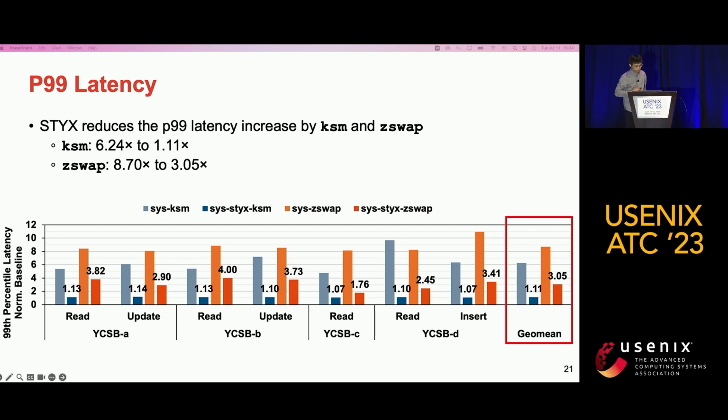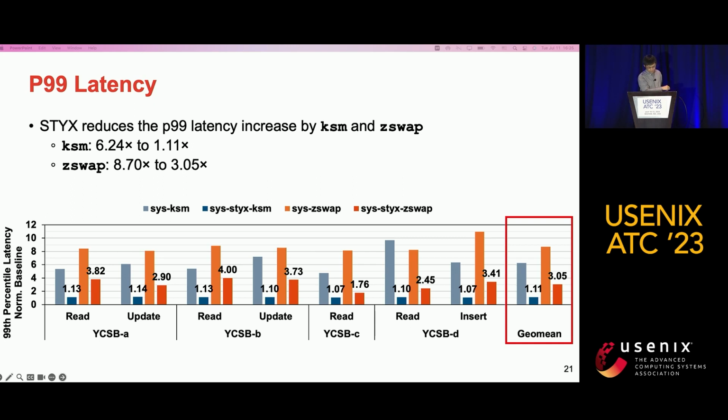Okay, here are some results. First, the 99% latency of Redis requests. In this plot, the y-axis represents the latency normalized to the baseline, where there is no kernel feature running, and the lighter columns correspond to the cases when KSM or zswap runs, and the columns with darker colors are when STYX is involved.